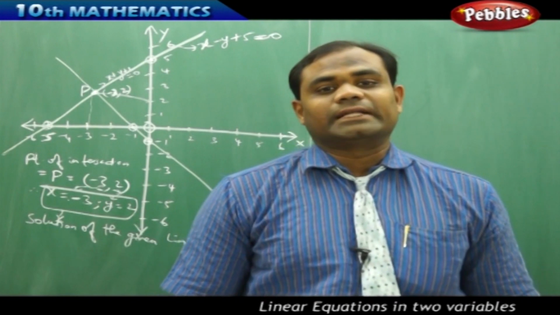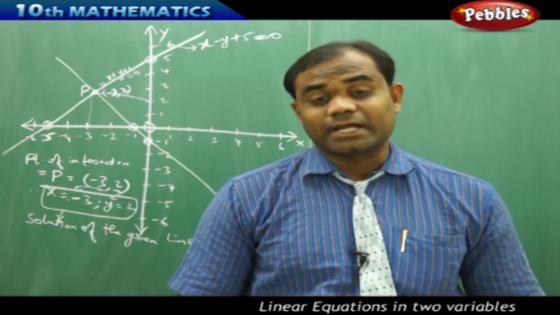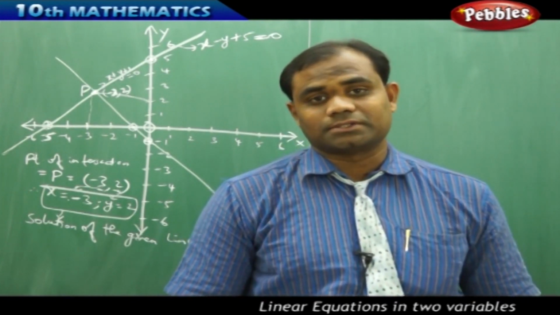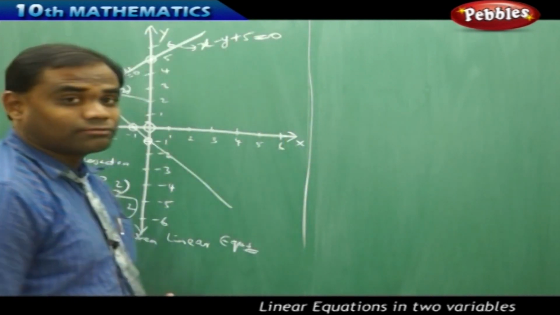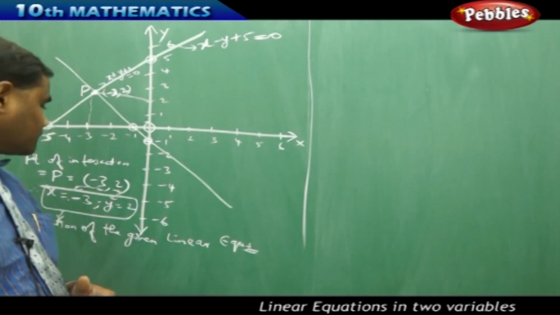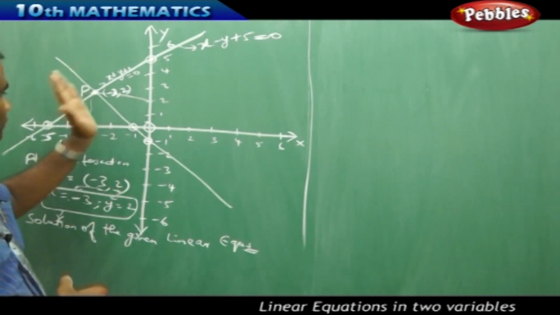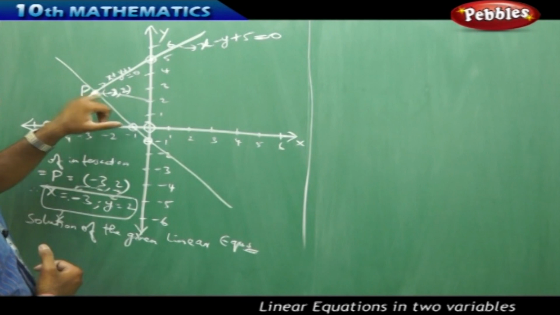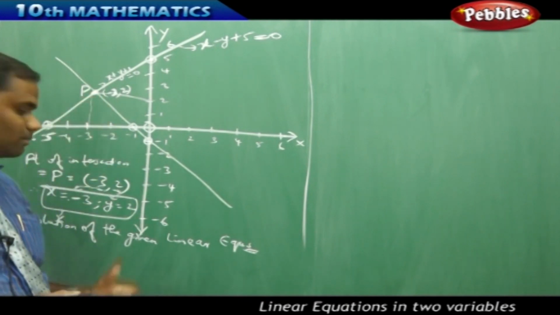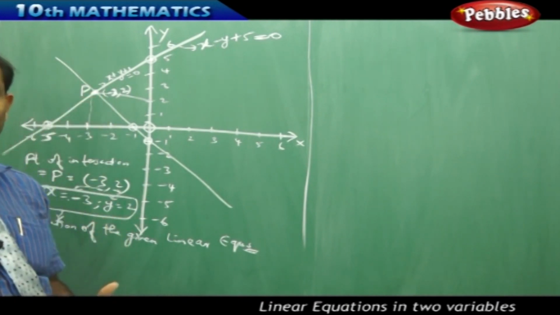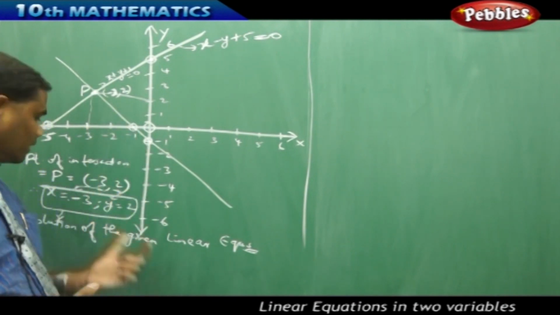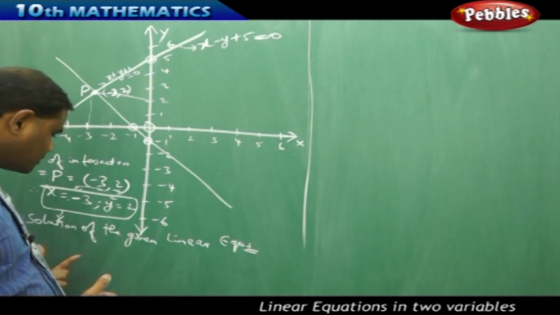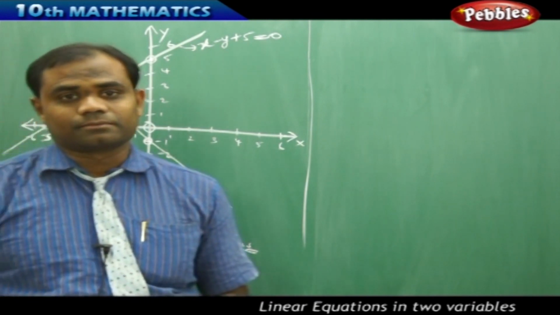Now that we have connected the graphical method of understanding the solutions of linear equations with the algebraic method, this finally helps me understand that if I find the point of intersection, then the x coordinate of the point of intersection will be the value of x, and the y coordinate will be the value of y, which together form the solution of the given linear equations.